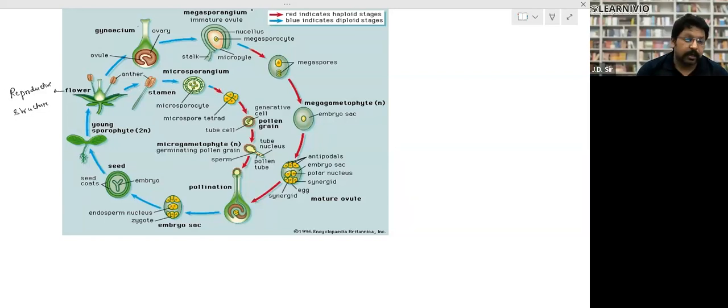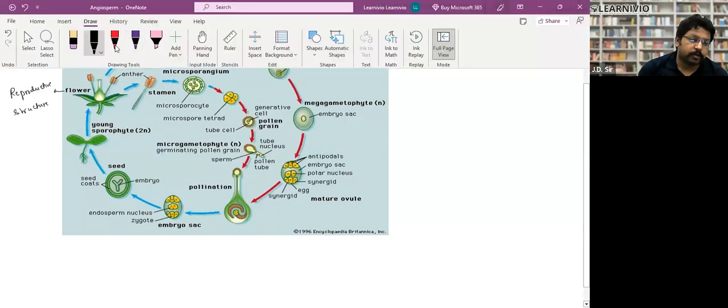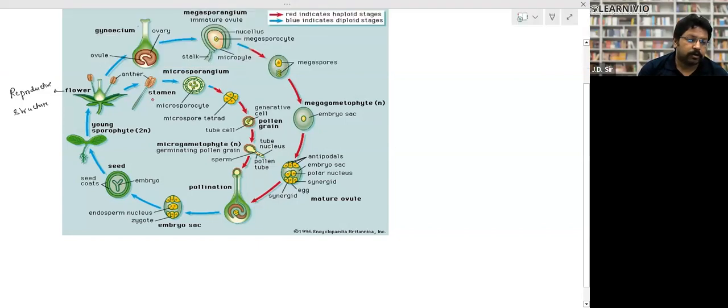The male reproductive structure is called stamen, and here this is gynoecium. It is the female reproductive structure. The female reproductive structure has the ovary. Inside the ovary they have the ovule.